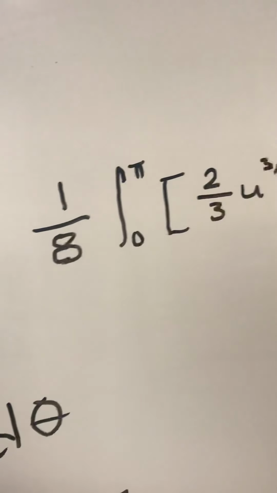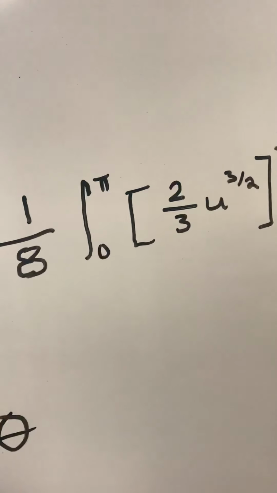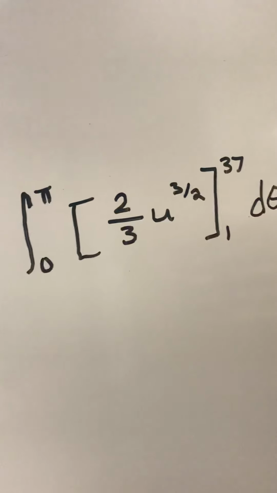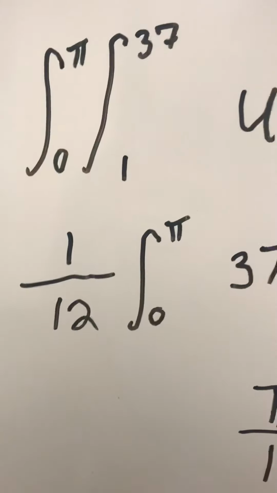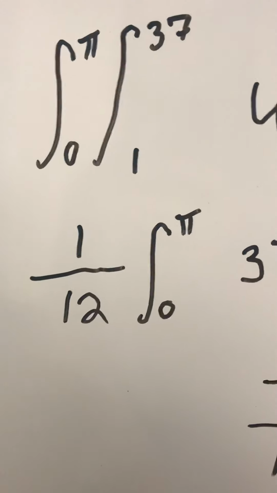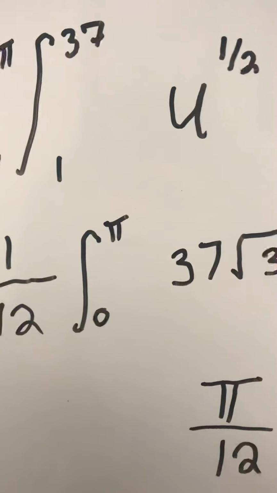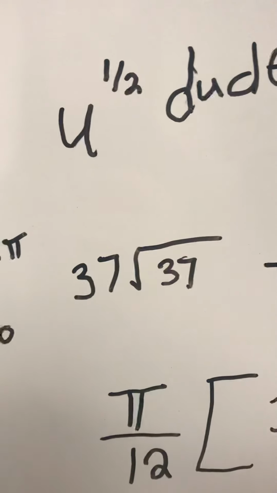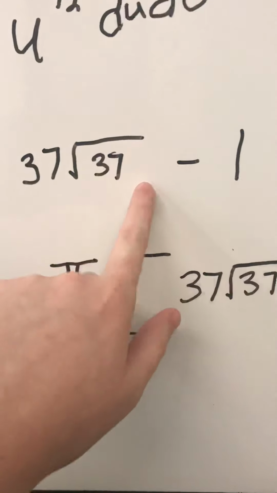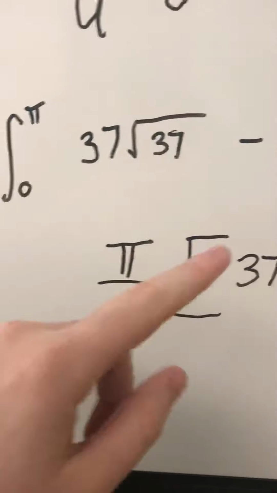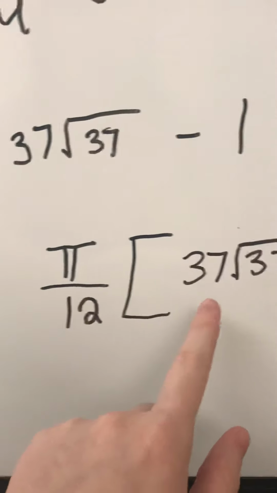And that becomes 1/8 times the integral from 0 to pi of 2/3 u to the 3/2 evaluated from 1 to 37 d theta, which becomes, if you multiply that 2/3 by the 1/8, 1/12 times the integral of 0 to pi of 37 root 37 minus 1 d theta, which gives us pi over 12, because once you integrate this, you're going to get a theta here and a theta here, which means pi goes to both, and you can just factor it out. So pi over 12 times 37 root 37 minus 1. And that is your final answer for that problem.